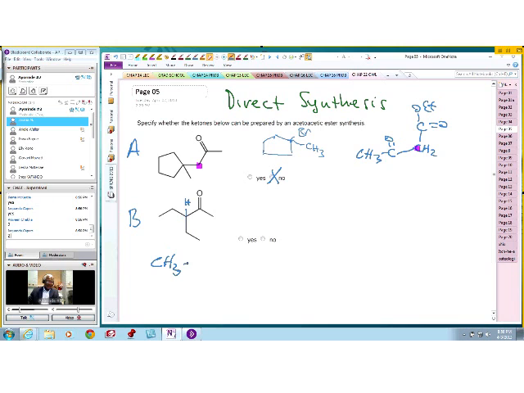The 2 alkylating agents will have to be this here, and you use two of these, and this carbon here is an sp3 carbon atom that is a primary carbon. So you could do an SN2 reaction here. So the answer here is yes.